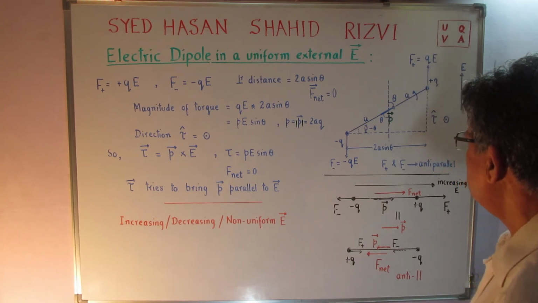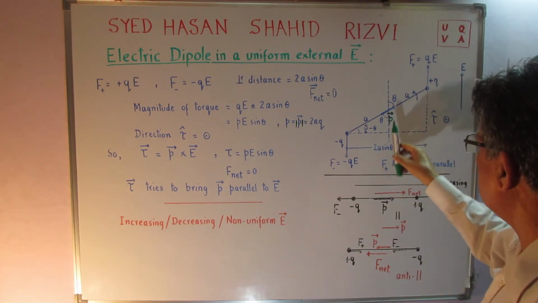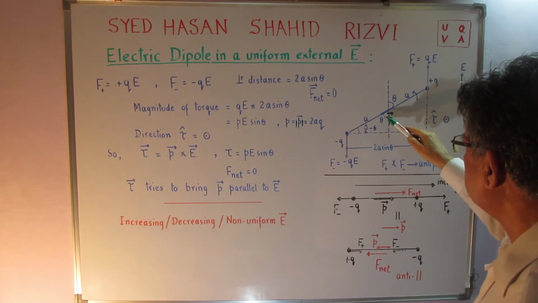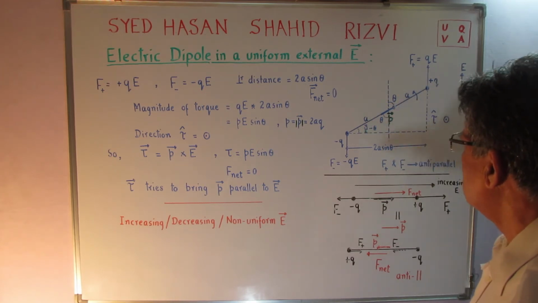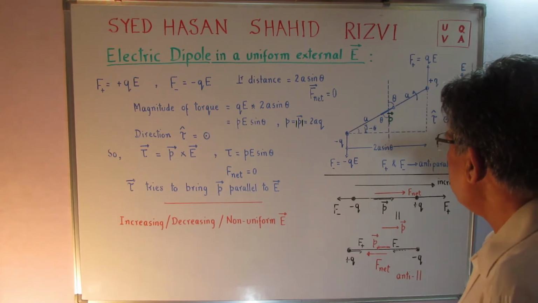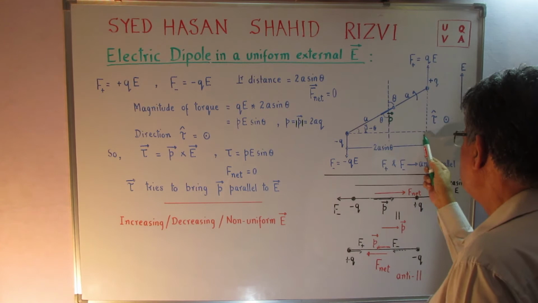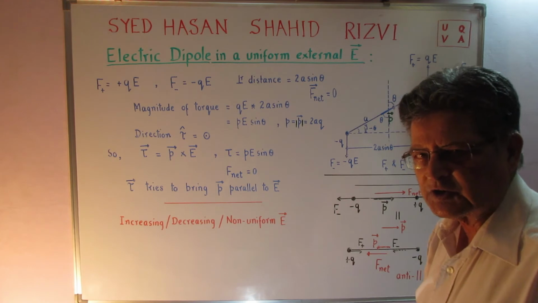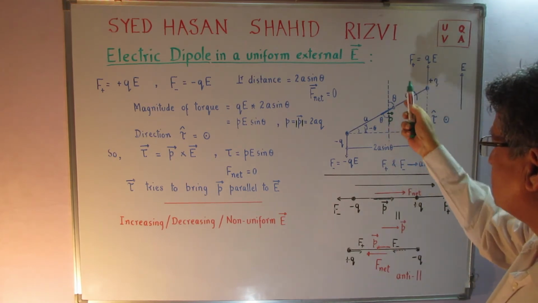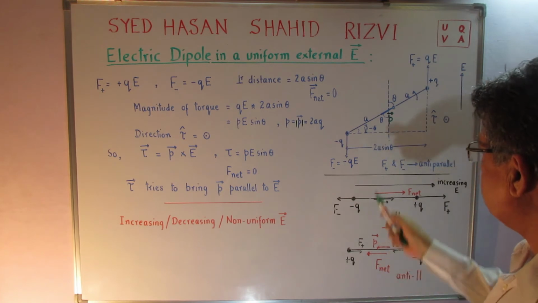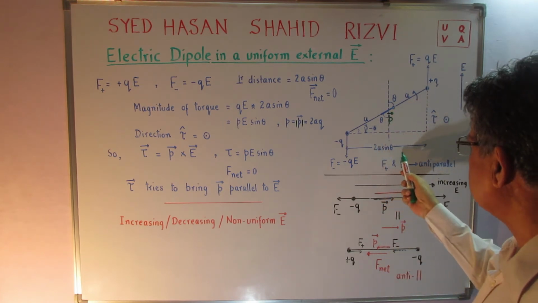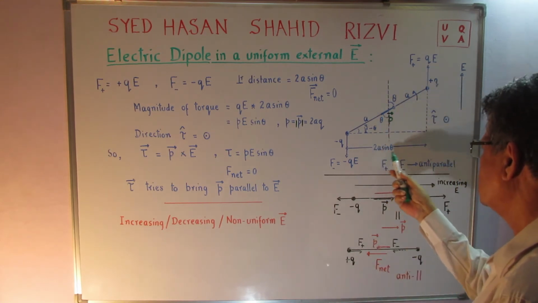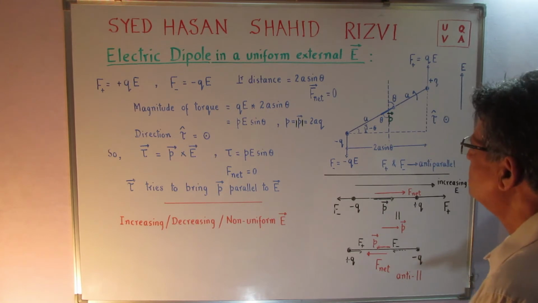If I take the vertical line over here, the angle that the dipole makes is theta, then this angle also becomes theta, and this angle becomes pi by 2 minus theta. The perpendicular distance between the two forces, which will constitute a torque, turns out to be 2a sine theta; in fact 2a cos of pi by 2 minus theta, which equals 2a sine theta.